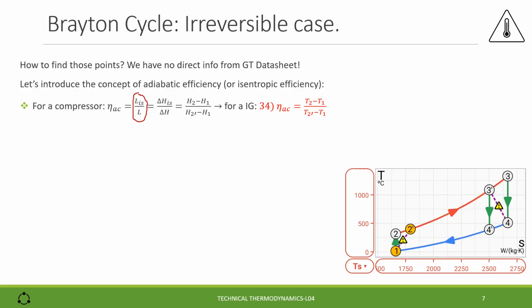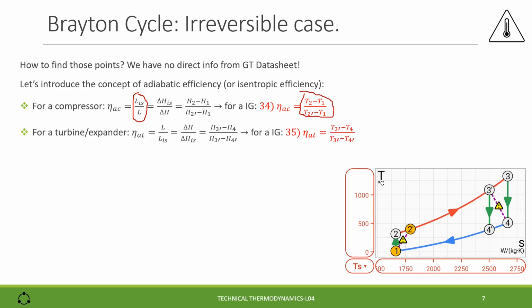Also, H2 minus H1, the isentropic work, over H2 prime minus H1, the real work. And for an ideal gas, since Cp is constant, we can express this efficiency by using the temperatures.